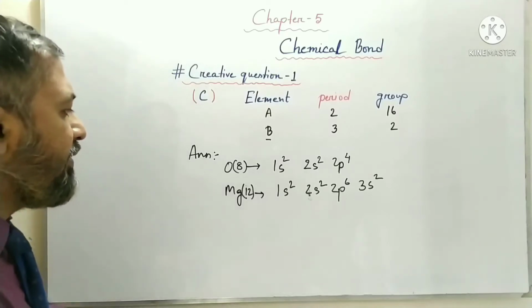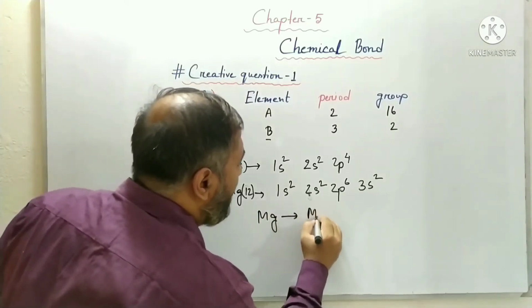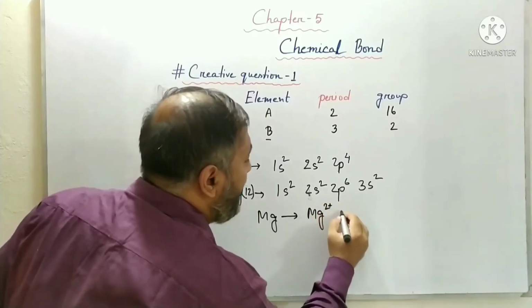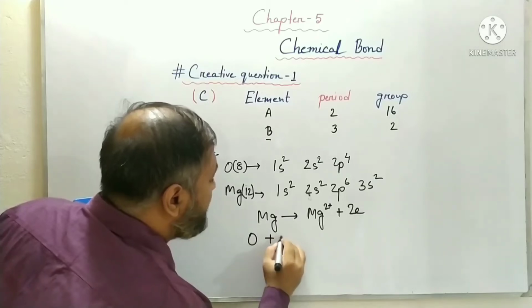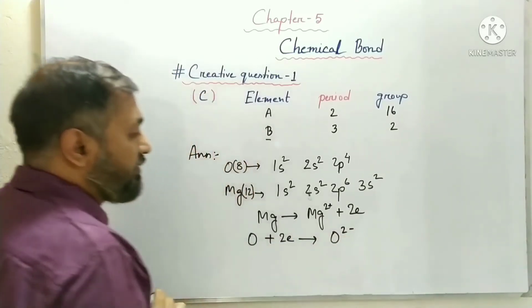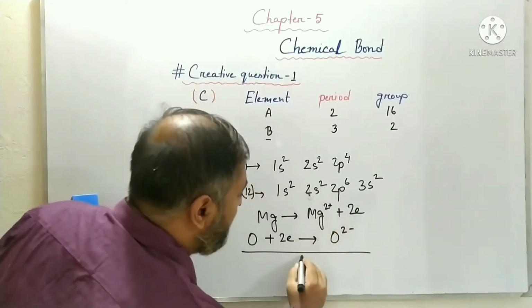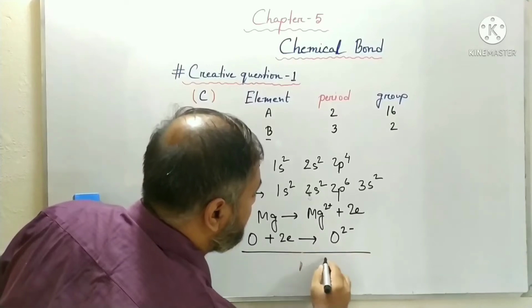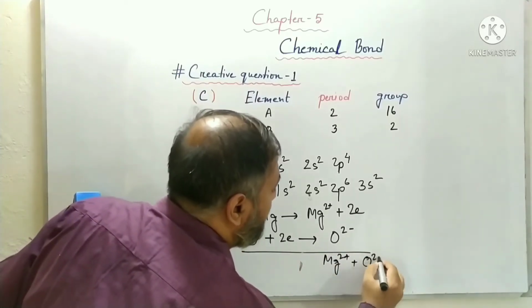Therefore, magnesium will donate 2 electrons and become a magnesium ion, and oxygen will receive 2 electrons and become an oxide ion. And then the chemical bond is formed between magnesium and oxygen.